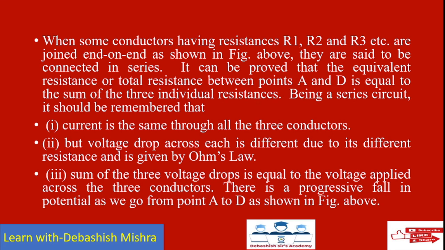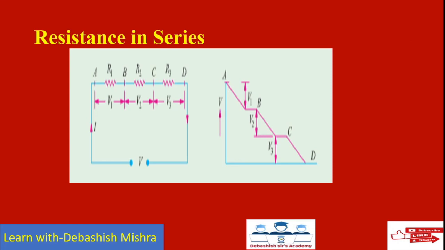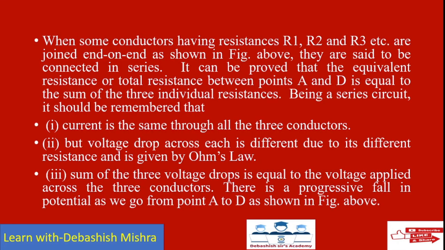The sum of the three voltage drops is equal to the voltage applied across the three conductors. So V is equal to V1 plus V2 plus V3. There is a progressive fall in potential as we go from point A to D as shown in the above figure. So from A, B, C, D, the voltage will decrease.